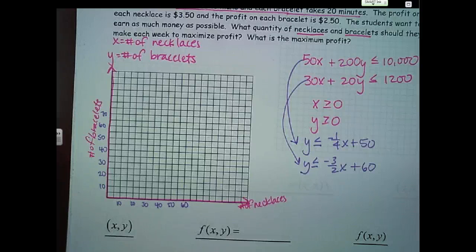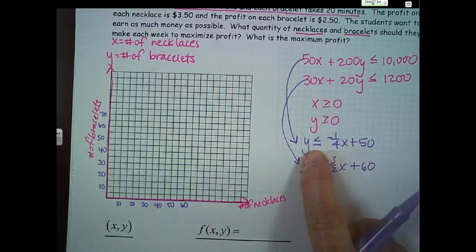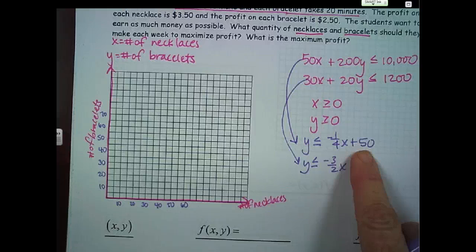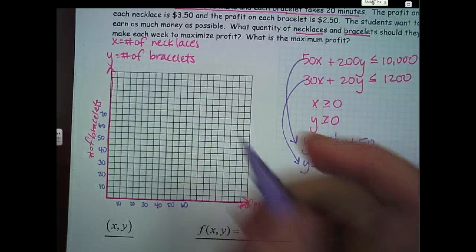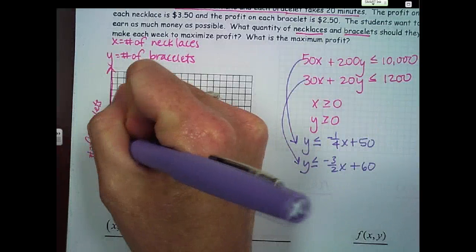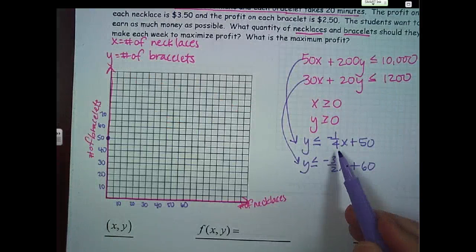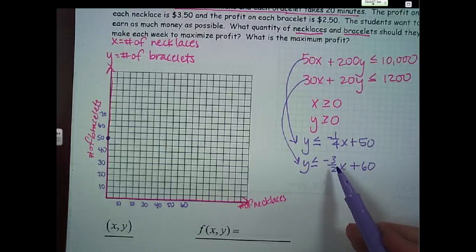Okay, if you're going to graph this first line, watch for a second. I'm going to go to 50. You see me? I'm going to put a point there. Let me talk to you about the slope here for a second. It's saying negative 1/4, so down 1/4, you can use units. You don't have to actually go down to 49 and over to 10. It doesn't matter.